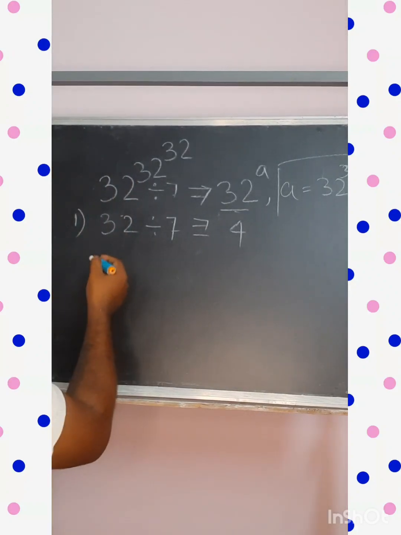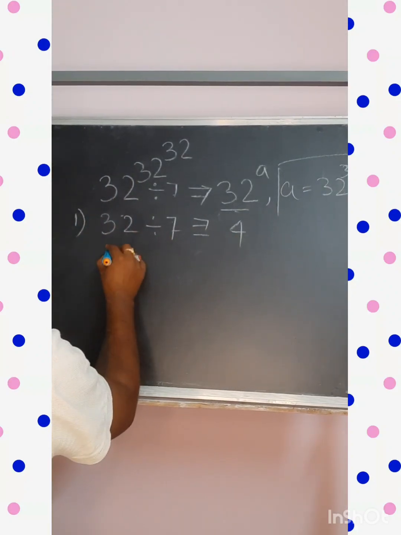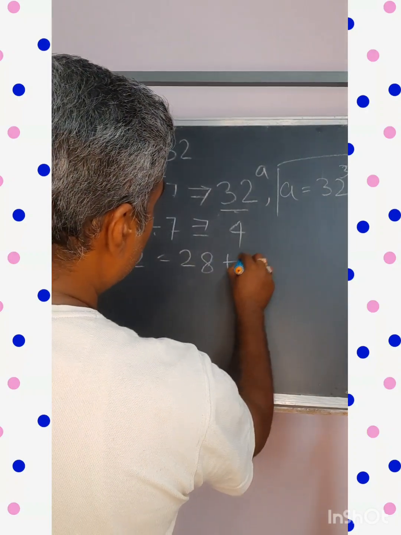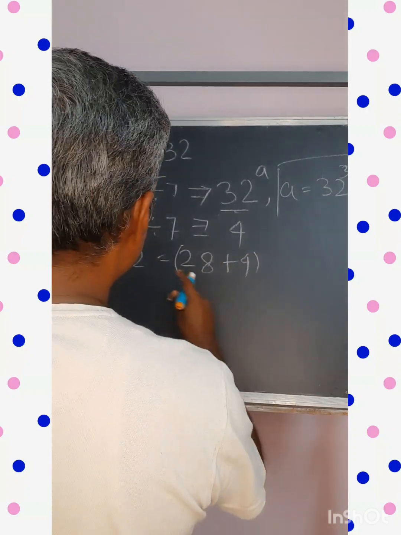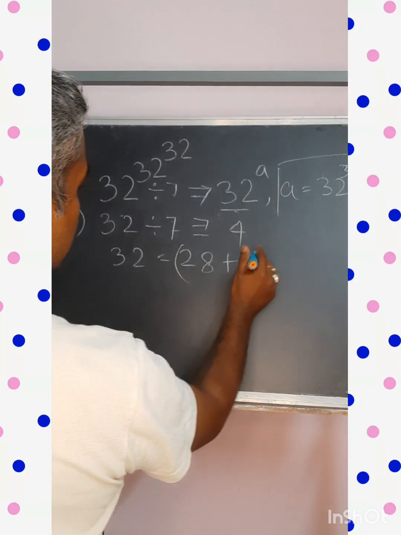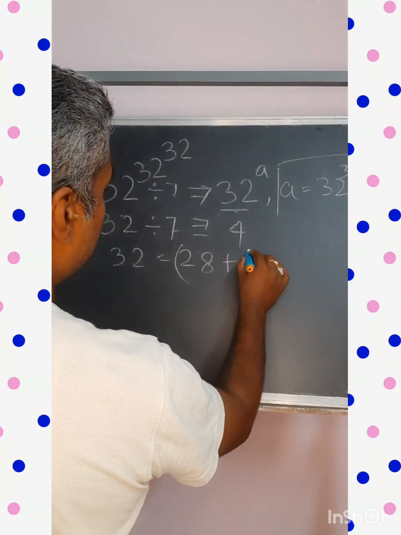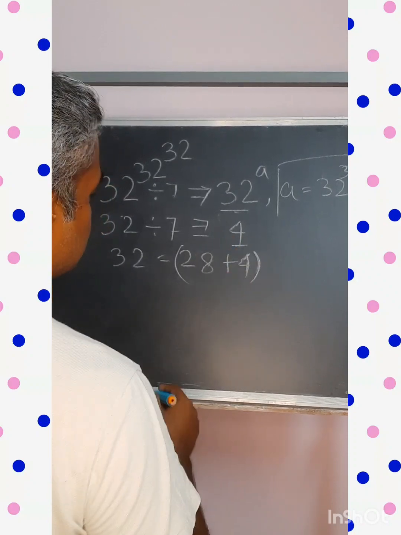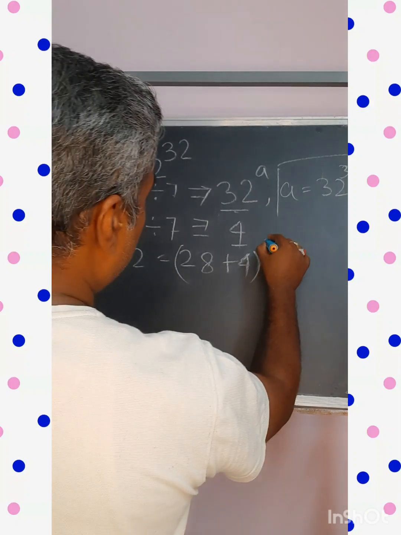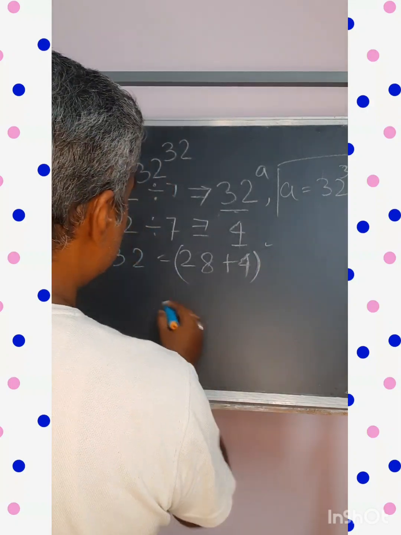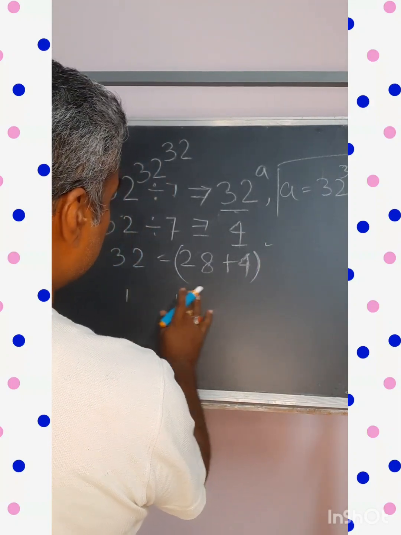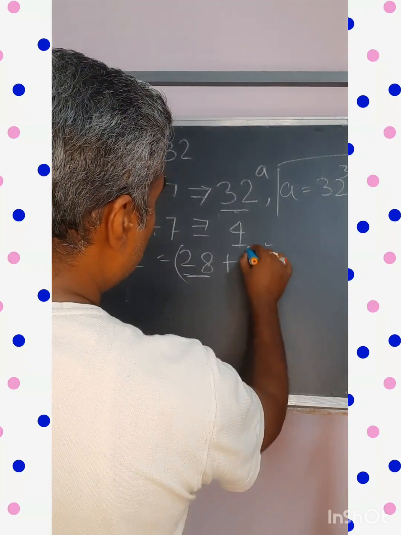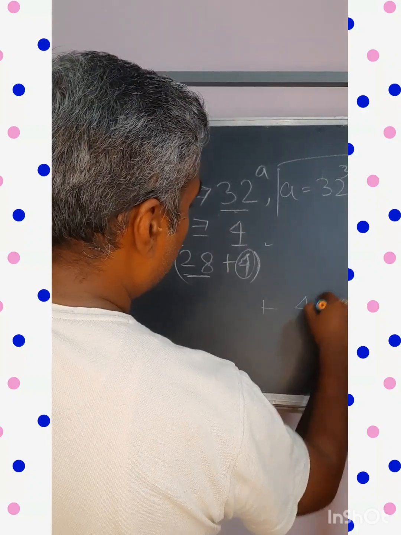Now let me make you understand one concept. 32 can be divided into two numbers, 28 plus 4. That is one way of dividing 32 into two parts. Why am I dividing? Because the remainder I am getting is 4. Now any power of this, if I expand, you can see all terms, first term, second terms, all terms will contain 28 except the last term, which will contain only the 4 power of something.